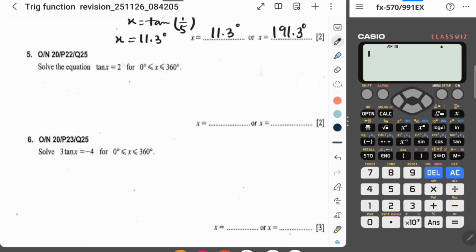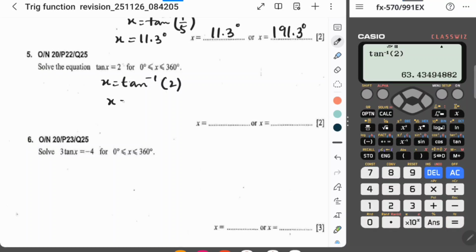Now the next question, solve the equation tan x equals 2, x equals tan inverse 2. That is equal to 63.43.